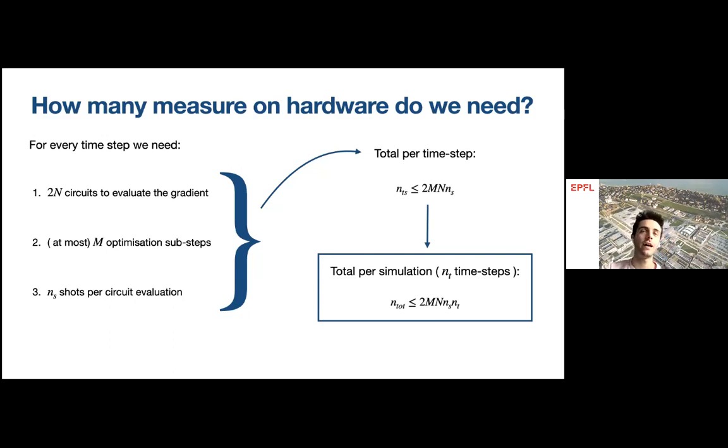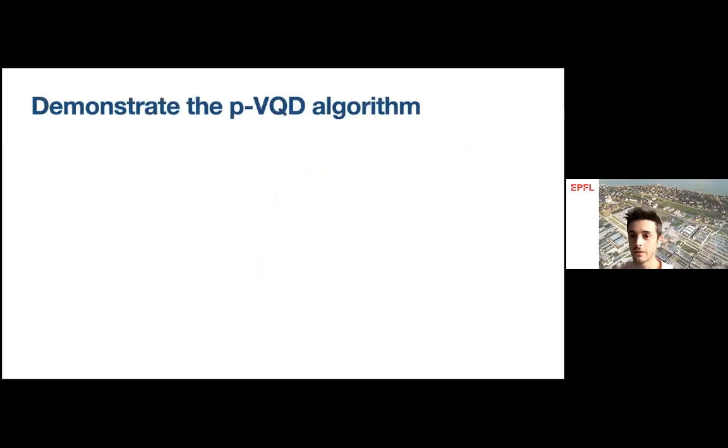If m is a linear function of n, so the number of optimization substeps scales with the number of parameters, we are back to n squared. So we have to check it, and we will see it later. So yeah, we have a lot of nice properties.